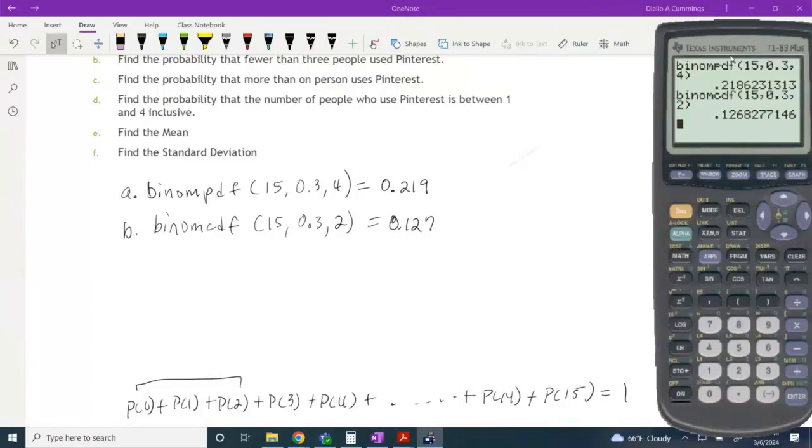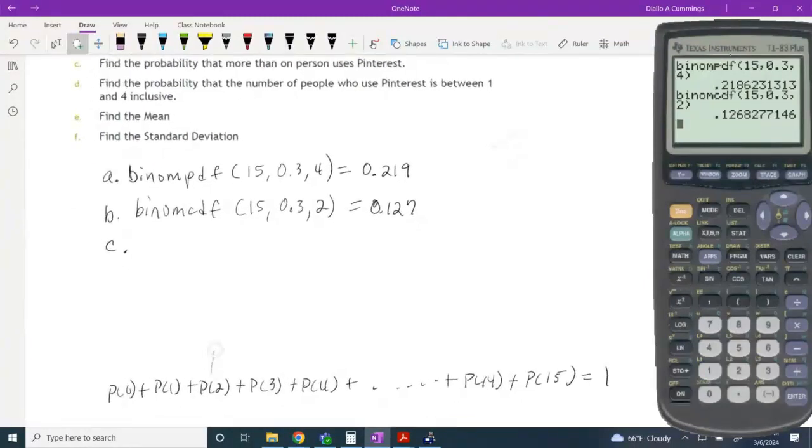And then for C, it says find the probability that more than one person uses Pinterest. So more than one, I'm actually going to find the probabilities for 2 through 15. But I'm going to have to use that 1 minus, right?